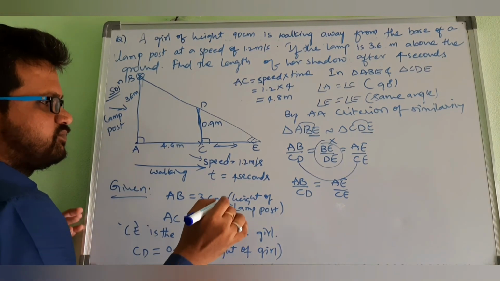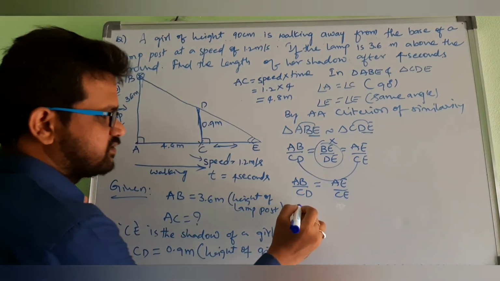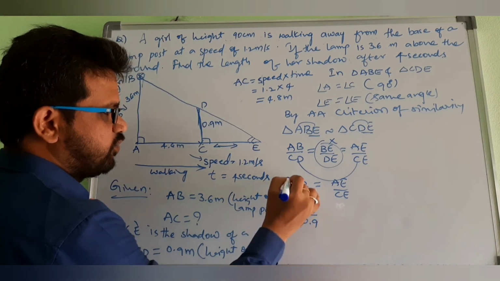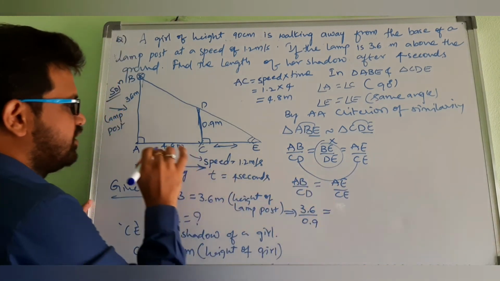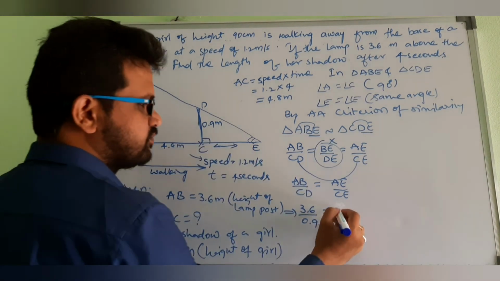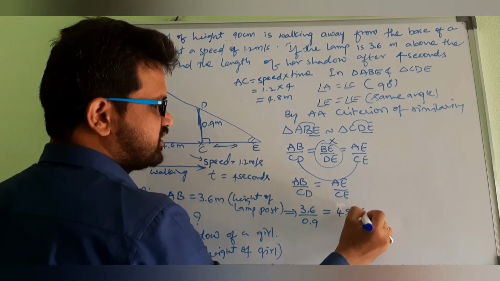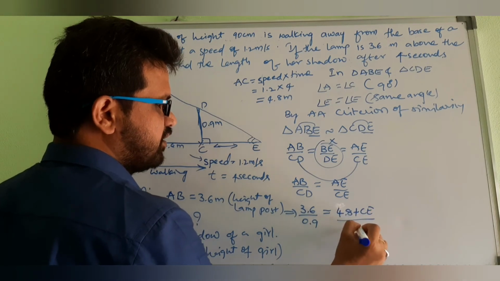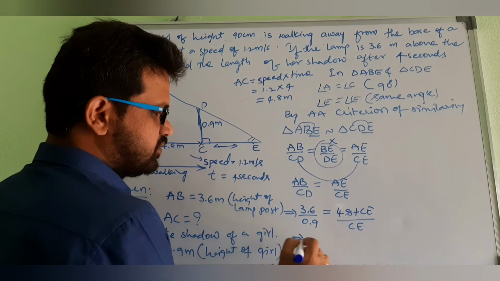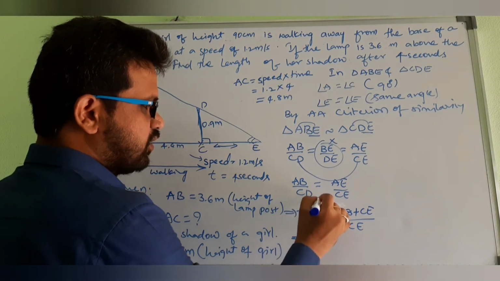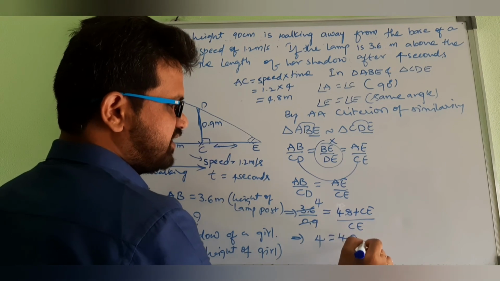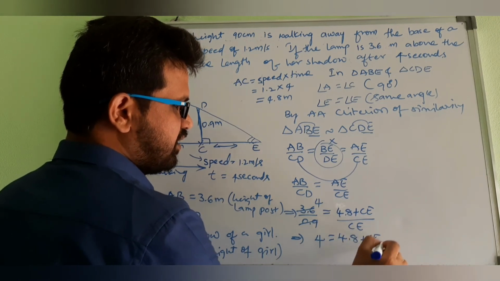AB is 3.6, CD is 0.9, and AE is 4.8 plus CE, divided by CE. So 36 by 9 is 4, which is equal to (4.8 plus CE) by CE.